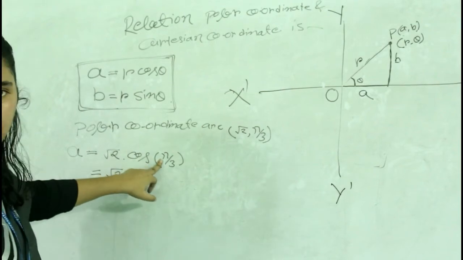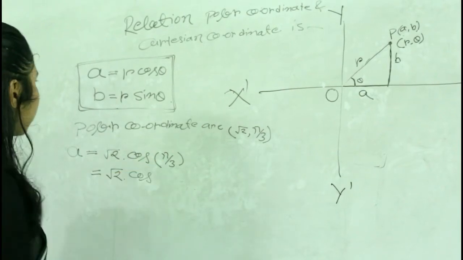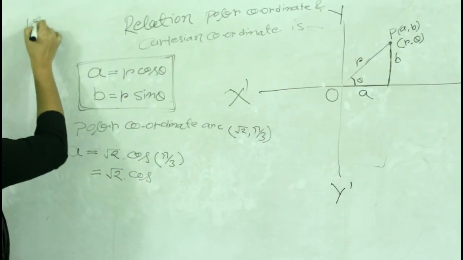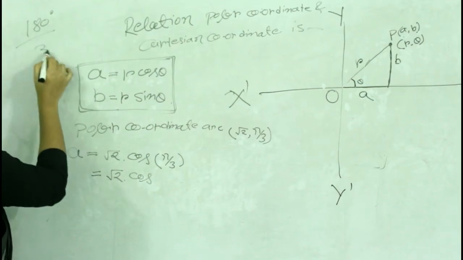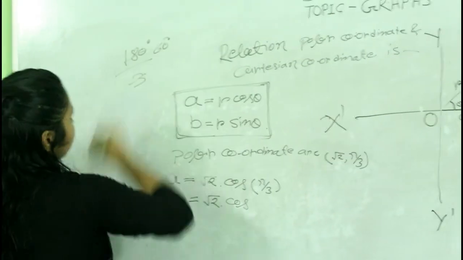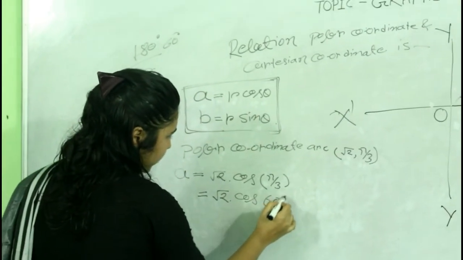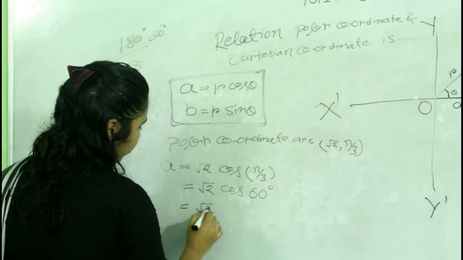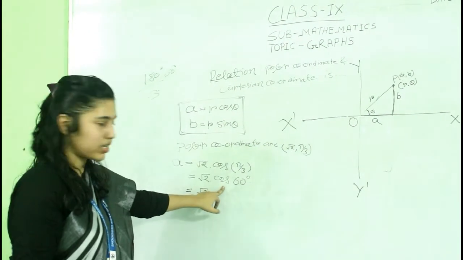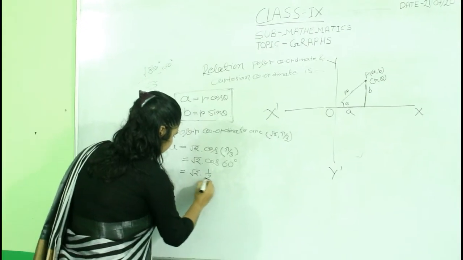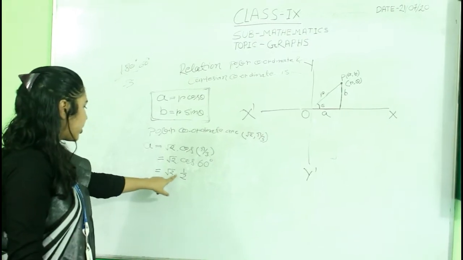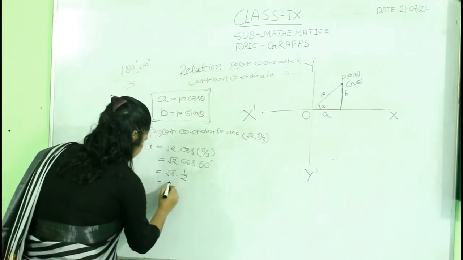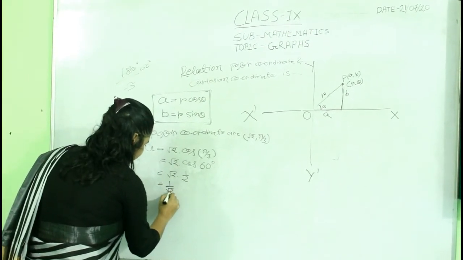We know that the value of pi is 180 degrees, so 180 degrees divided by 3 is 60 degrees. That means cos 60 degrees, and we know that the value of cos 60 degrees is half. Root 2 into 1 by 2, that means 1 by root 2.